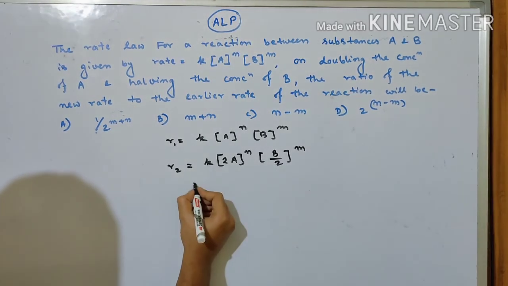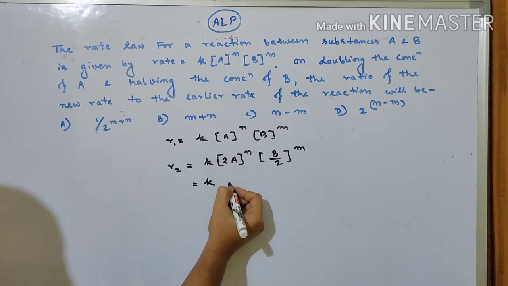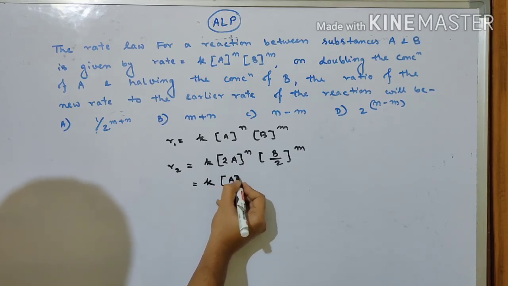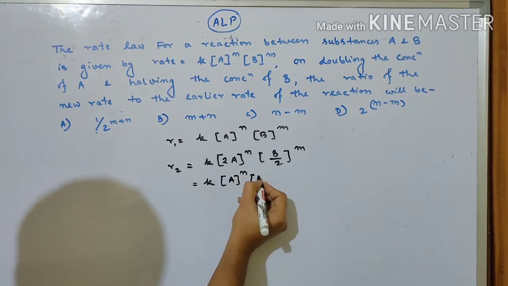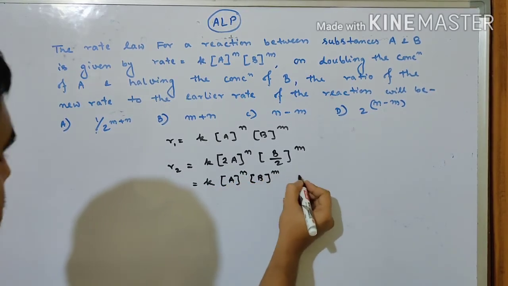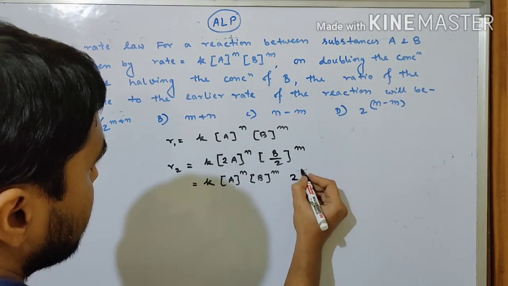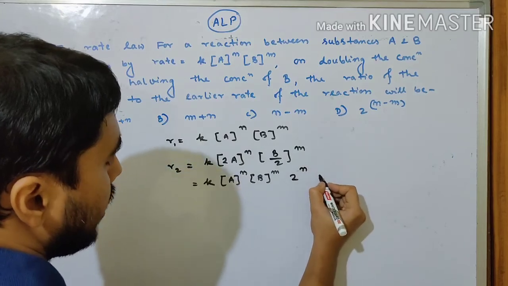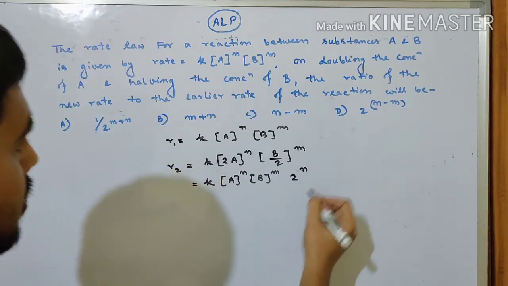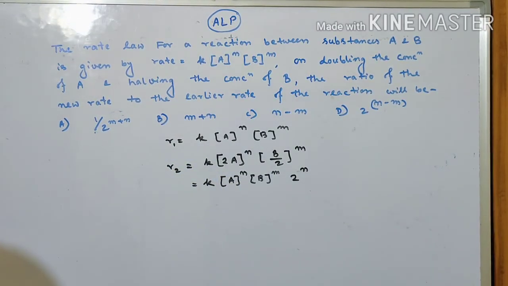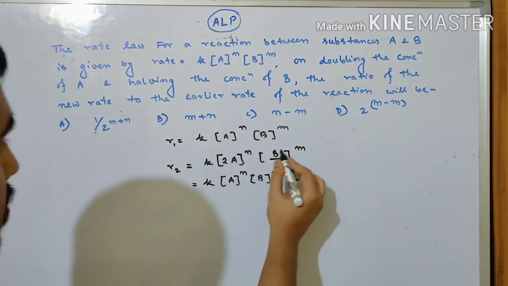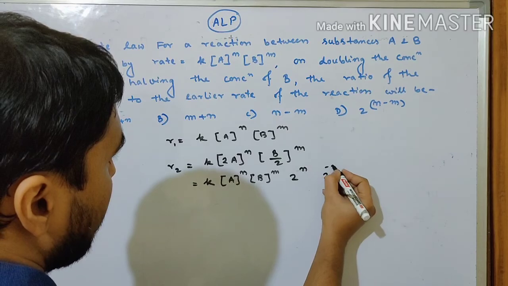So as a result, it becomes K, here you see A to the power n and B to the power m remains as it is, and it becomes 2 to the power n. Here you see 2 to the power n, and check here, it is 2 to the power minus n.